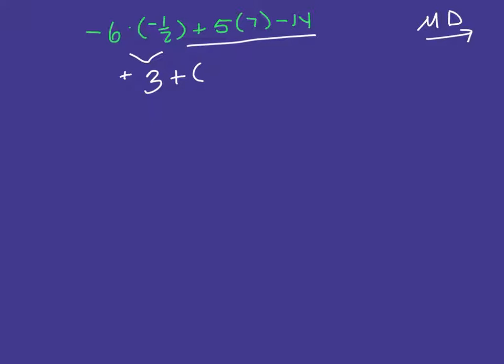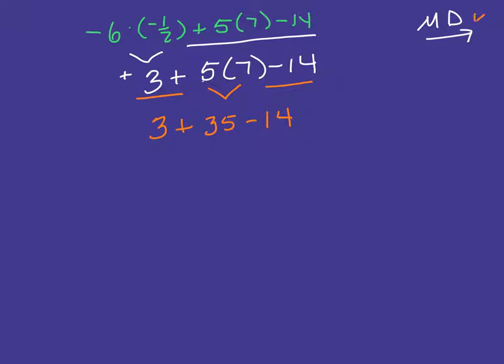Bring down the rest of the problem. So that is 5 times 7 minus 14. I'm not yet done with all the multiplication and division. I've got multiplication right here, so I bring this down. 3 plus 5 times 7 is 35 minus 14.